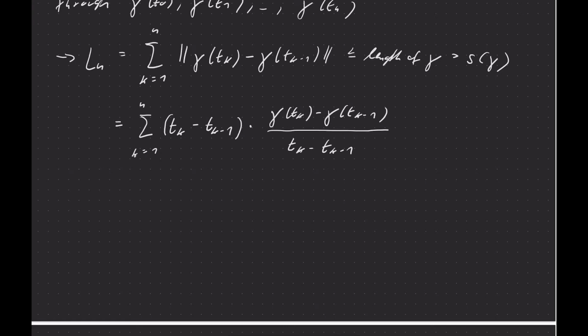So that factor cancels out. And that factor here, this tk minus tk minus 1, that's a real number actually, a positive real number. So we can just write the norm around this whole expression without changing anything. Okay, so that's precisely the same thing as this expression here, just written in a more complicated way.